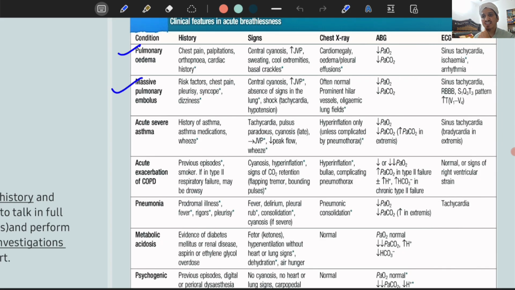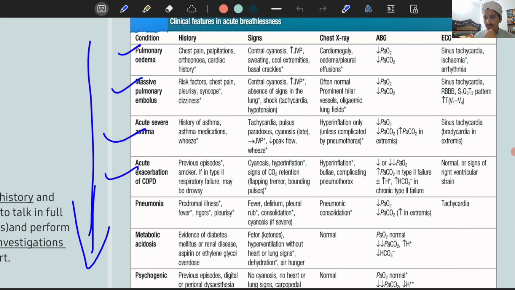These things we have discussed in acute breathlessness, so you can go and watch that video. What are the respiratory causes of acute breathlessness? Acute severe asthma and acute exacerbation of COPD. In this manner, first you will rule out these, then go to asthma and COPD, then you will think of pneumonia.